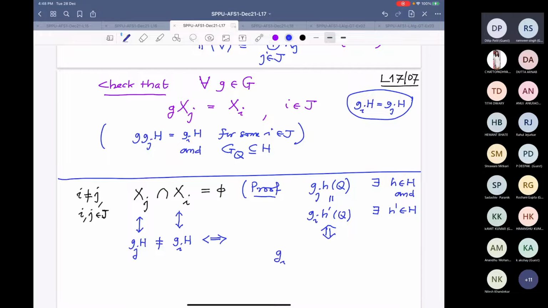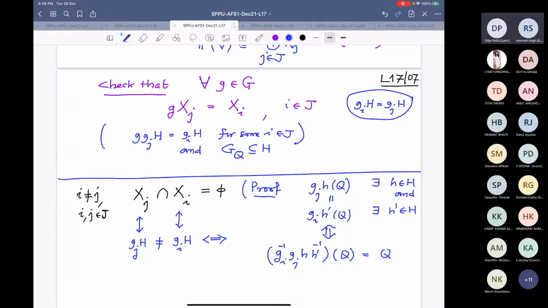So Gi inverse Gj h h prime inverse, and then evaluate this thing at Q. This equality will tell this equality. Agreed? Because I multiply this, clear this, shift it to here, and therefore this will stabilize Q.